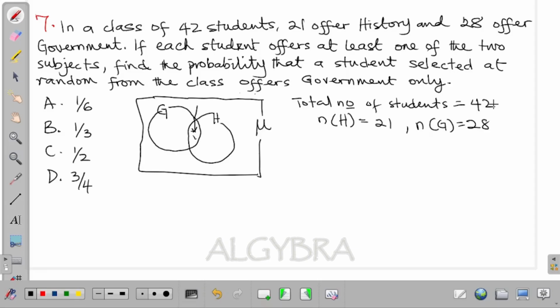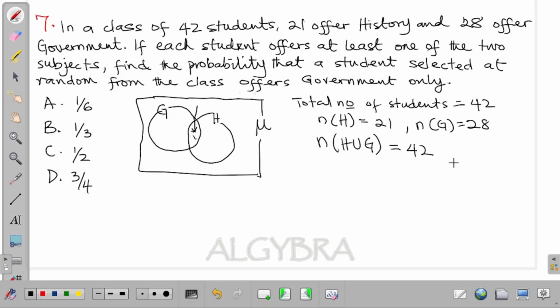That means the union of both sets, n of H union G, is equal to 42 also, because if all the students offer government or history, they are all located inside these two sets, and there's nothing outside. So the union of these two sets is equal to the total number of students.